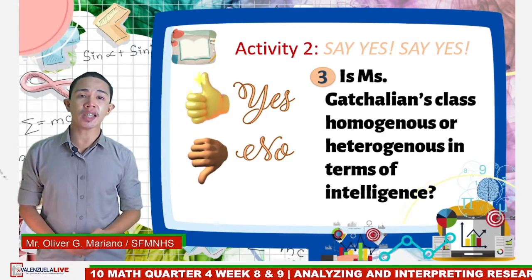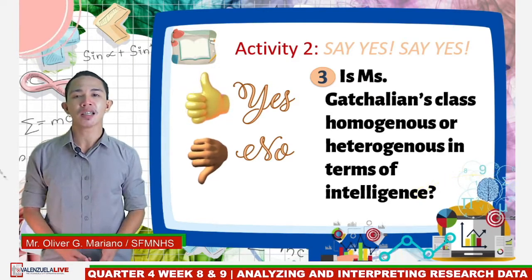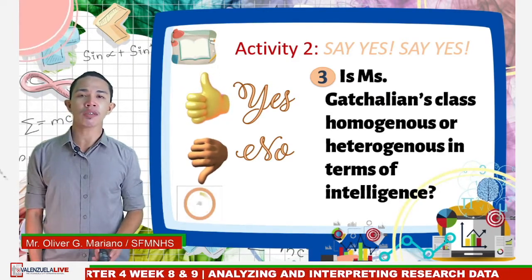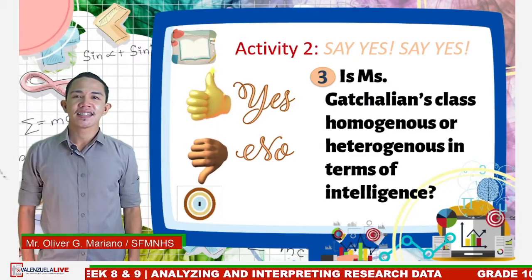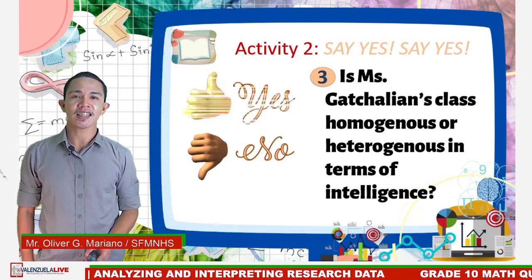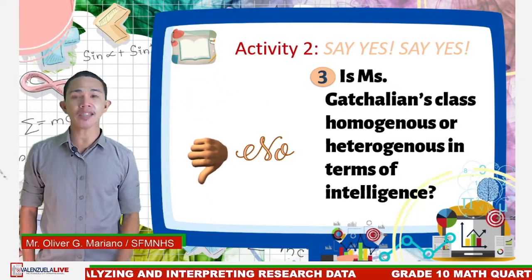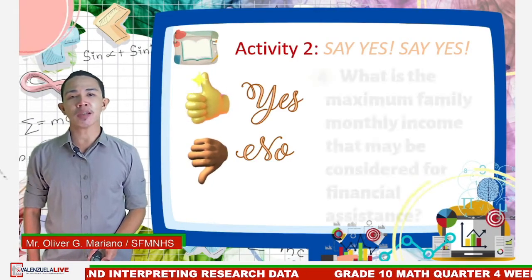Let's move to the third one. Is Miss Gatchalian's class homogeneous or heterogeneous in terms of intelligence? 5 seconds, go. That's it. This question cannot be answered using measures of position. What about this last question?